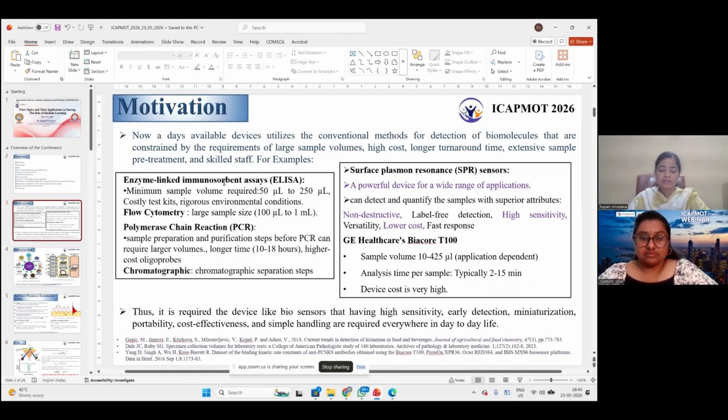They require very large sample volumes, high cost, longer turnaround time, extensive sample pre-treatment, and skilled staff. So in order to overcome these limitations, the surface plasmon resonance technique has emerged as a very effective technique, which has several advantages like non-destructive, label-free detection, high sensitivity, versatility, lower cost, and fast response. So this is all about the motivation.